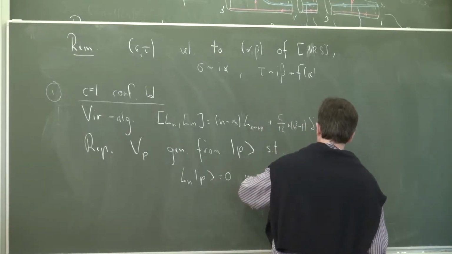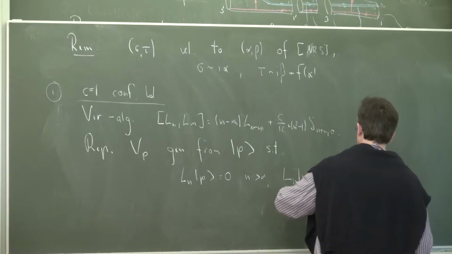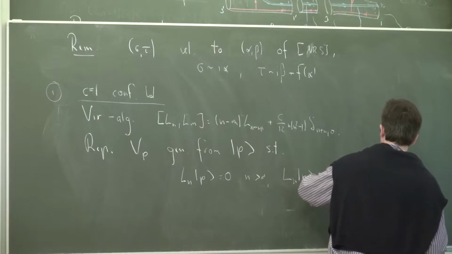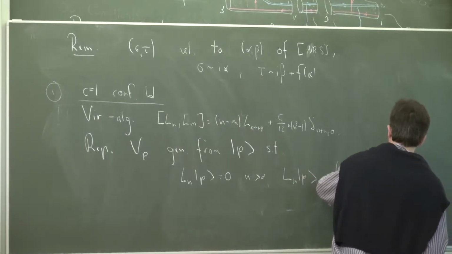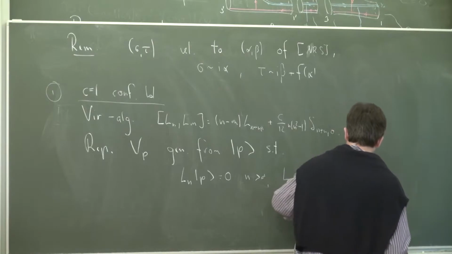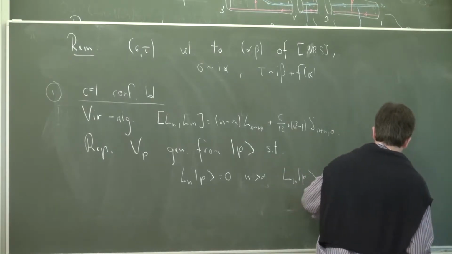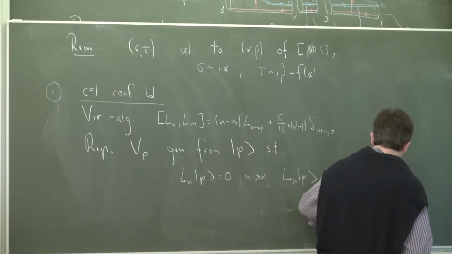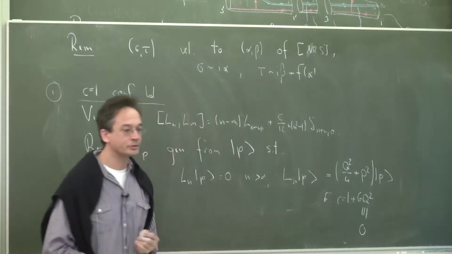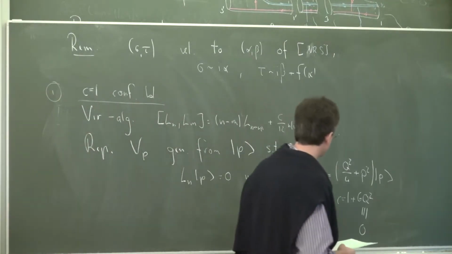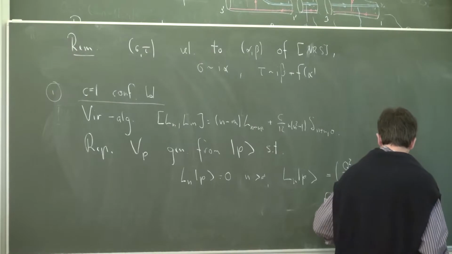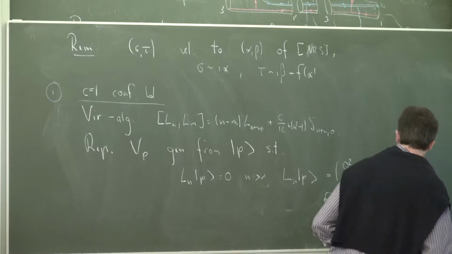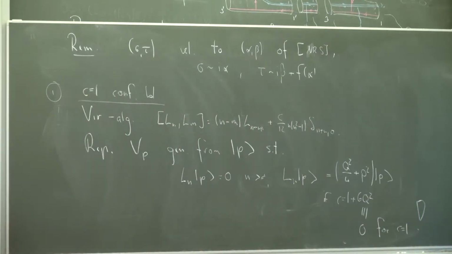And that's the main notation we need to introduce: the dimension is Q squared over 4 plus P squared, and c equals 1 plus 6Q squared is parametrized in terms of the parameter Q in this way. But we see in order to get c equals 1, we have to set this Q equals to 0. And that's what we are going to do then for the rest of the talk.